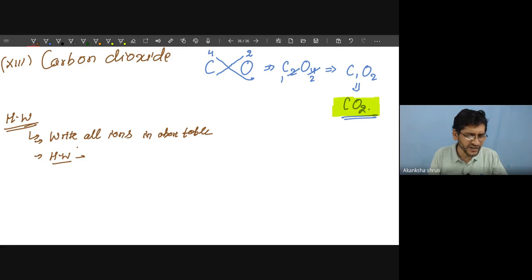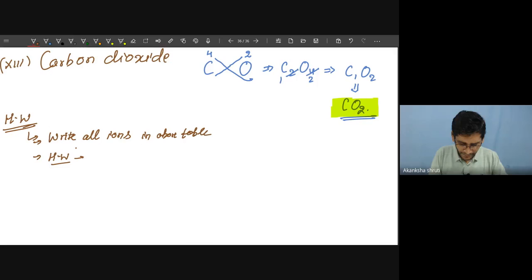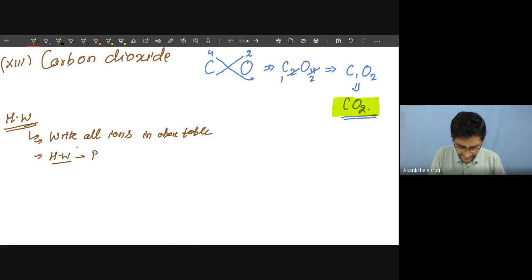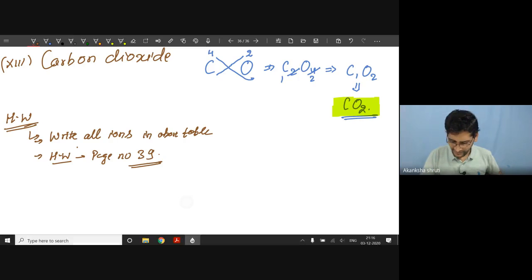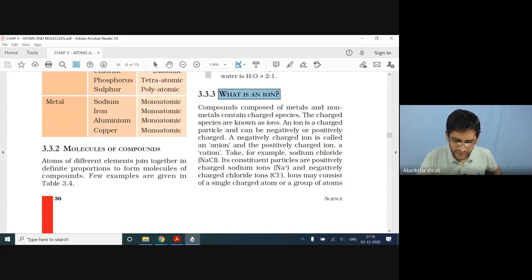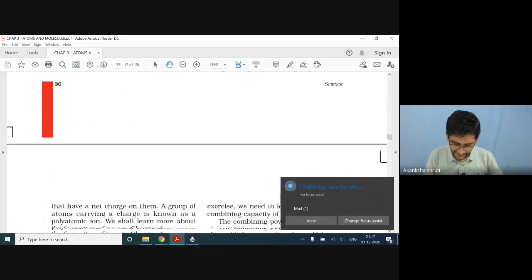From the textbook, such explanations are also given. So on our textbook page number 39, a lot of questions are there where for a given name you have to write the formula.